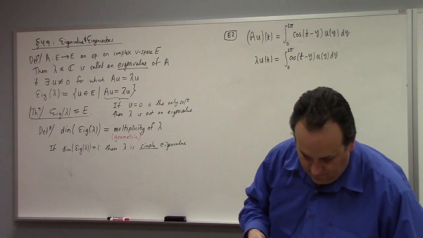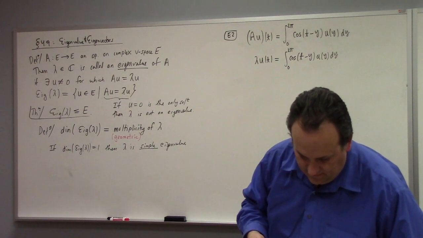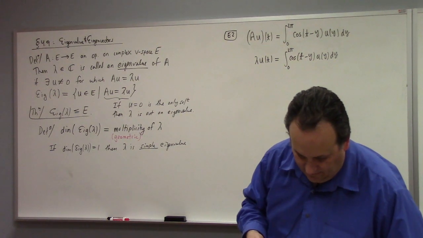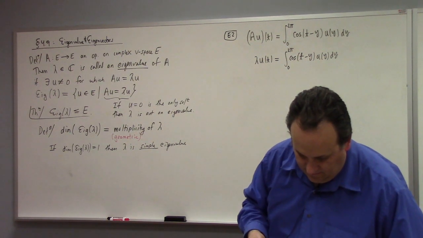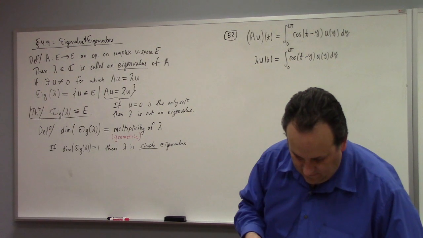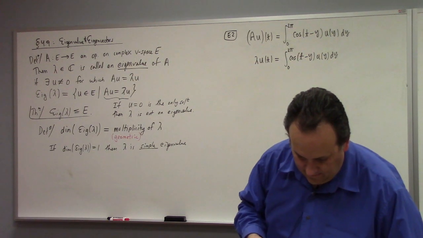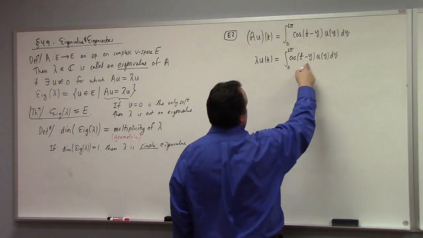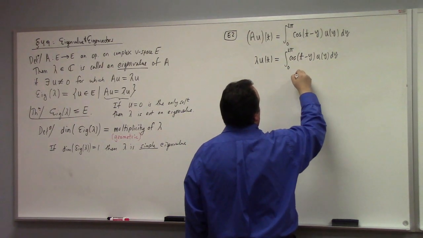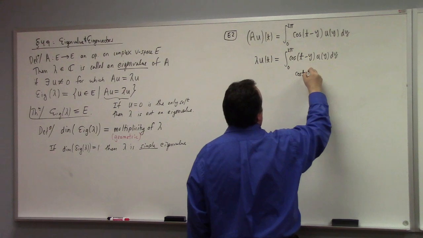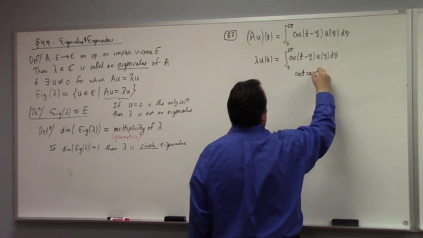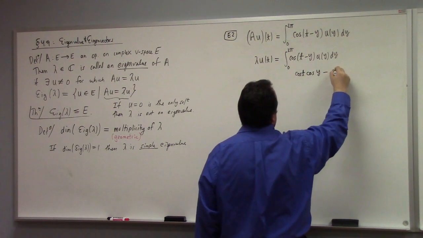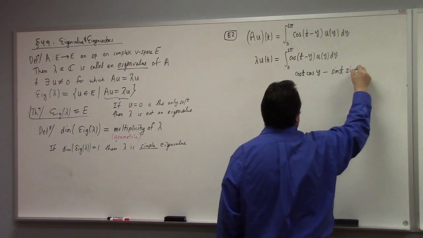Man, how does he do this? He says let u... Okay, well there's the eigenvalue equation, which he rewrites as that. Okay, so this is cos t cos y minus sine t sine y, right?